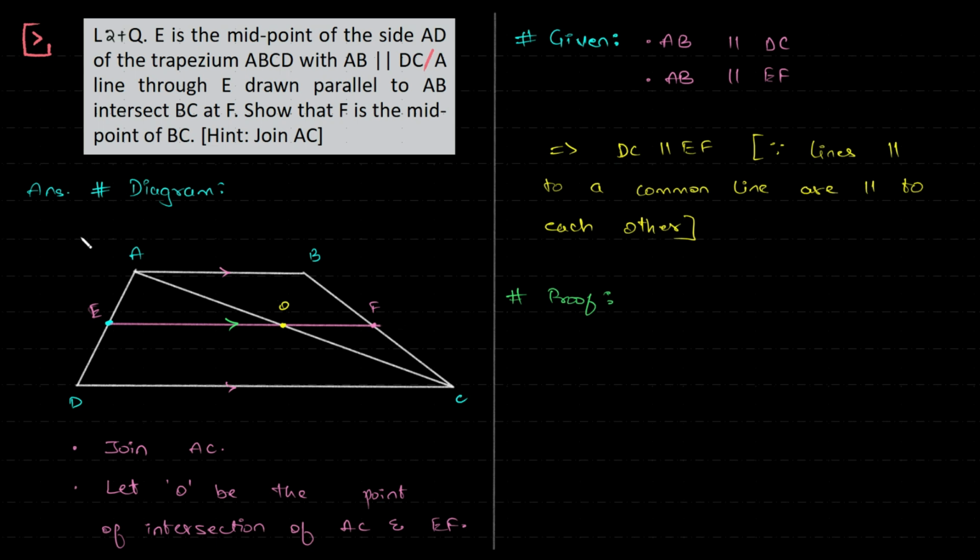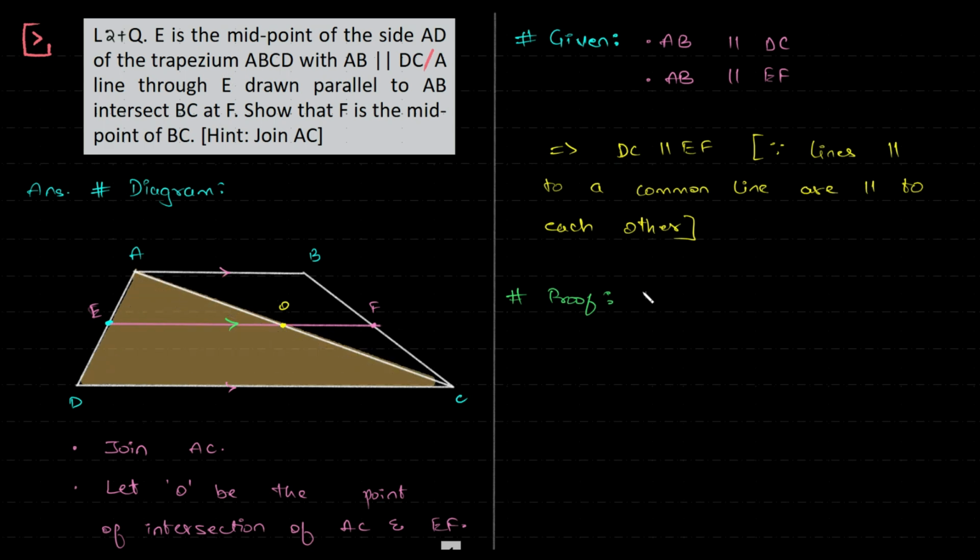It's quite simple actually. First we'll go with triangle ADC. In triangle ADC, what do we have? We have EO parallel to DC. We just proved that at the top, right?